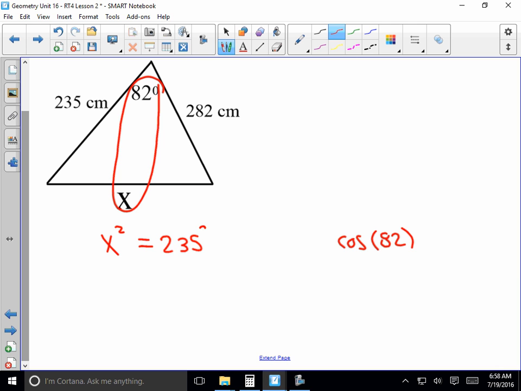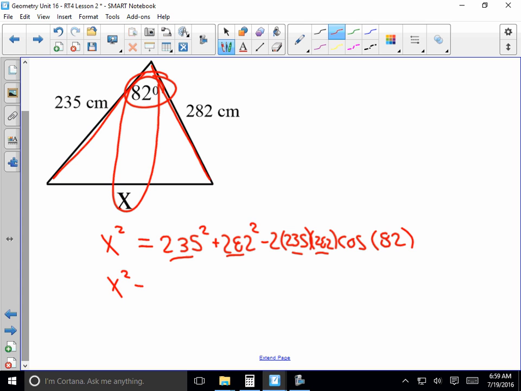235 squared plus 282 squared minus 2 times 235 times 282. You just want to be careful that you're using on the right-hand side the two lengths that make your 82-degree angle. Those are the ones that we both square and then put in their singular form with that cosine adjustment for this equation.